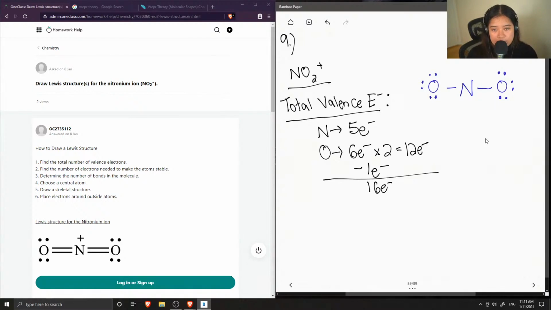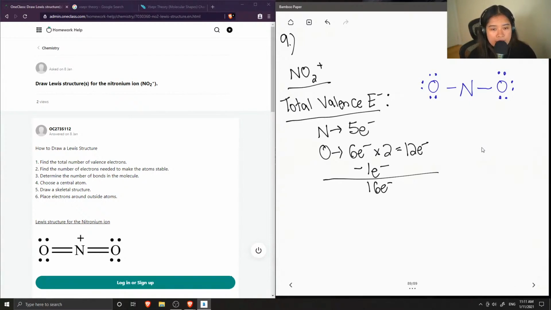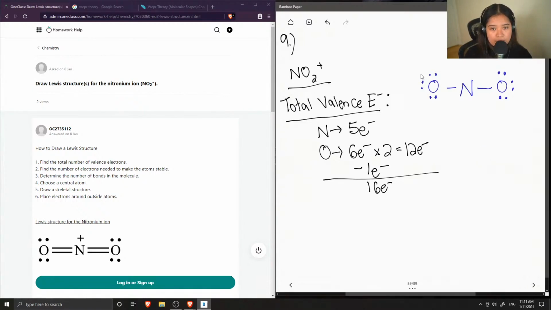If we look at our structure, you'll see that I have a total of 16 electrons that I've drawn so far, but my nitrogen does not have a full octet yet. So I'm just going to make both of these oxygens double bonded. And now we have everything having a full octet.